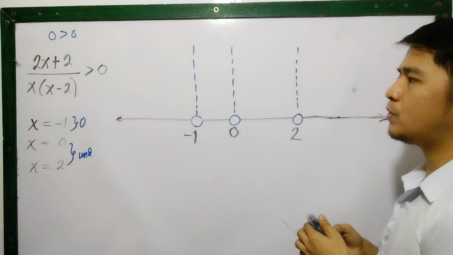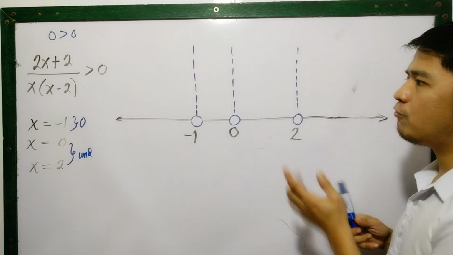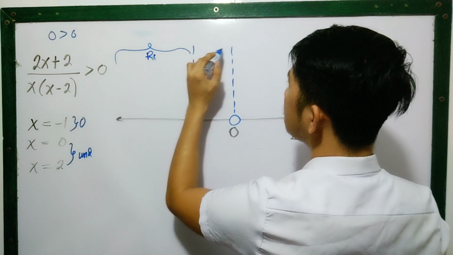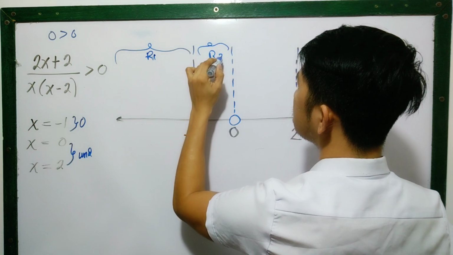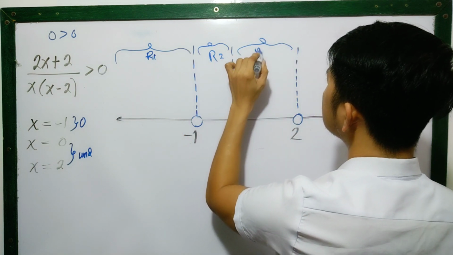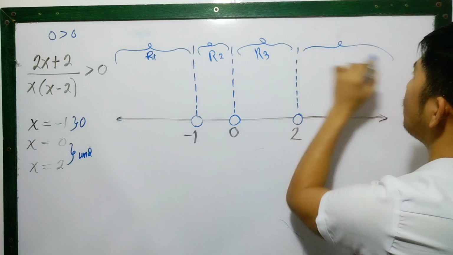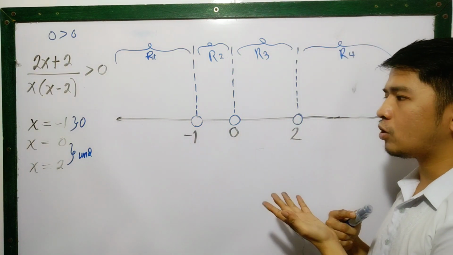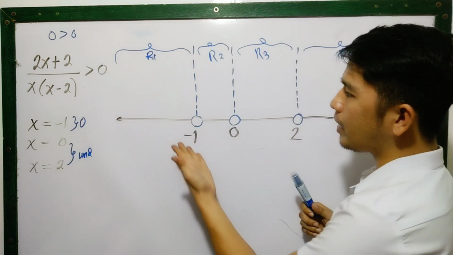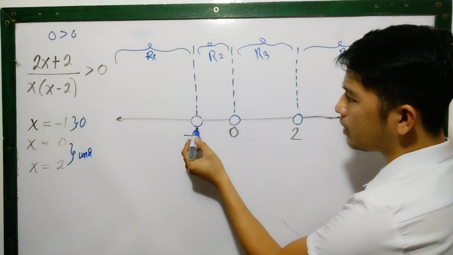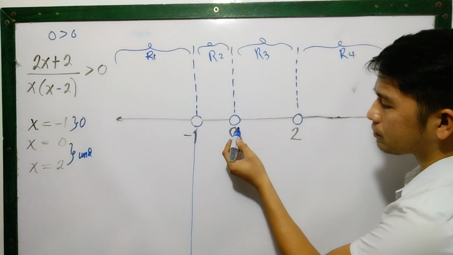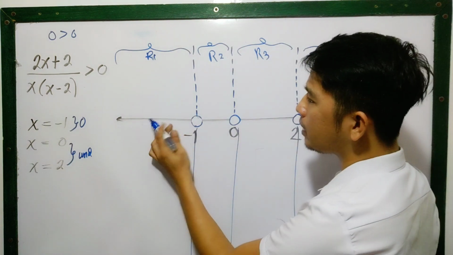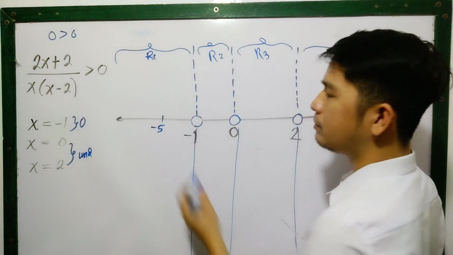Okay, so as what you can see, we can form 4 regions. Region 1, Region 2, Region 3, and Region 4. Gagamitin kong method yung isang method na hindi na ako magde-draw ng table of signs. Kukuha tayo ng number under the region. Kuha tayo ng number under region 1, that is, let's say, negative 5.